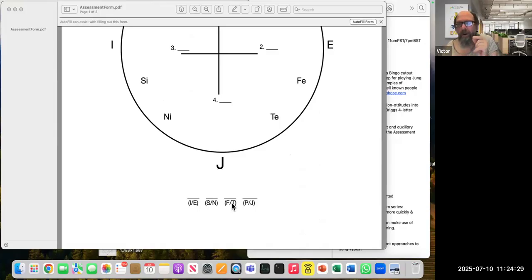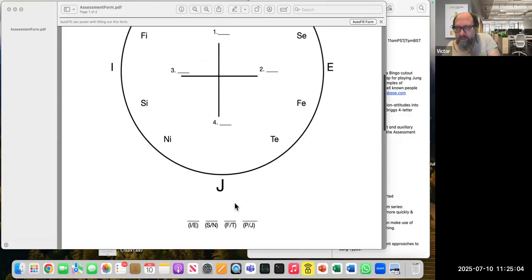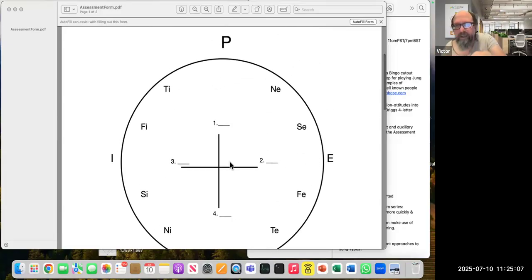And the F and T are called rational functions. Now, don't get caught up in that. We'll talk about what all this means more later, but basically these irrational functions are about how you're picking up information. With sensing, you're gathering information with your senses, or you're gathering information with your intuition. So that's why it's related to the word perceiving, P.